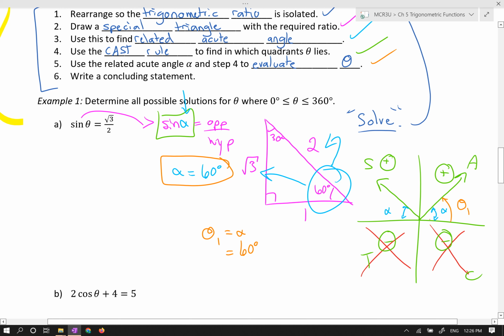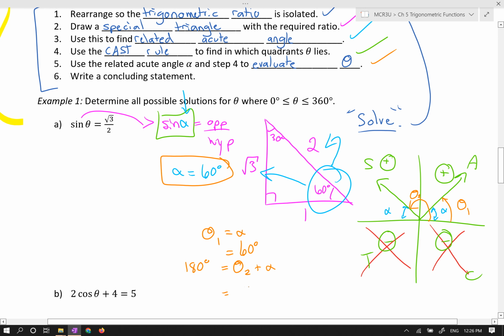But there's another terminal arm, so I need to head around here. This is theta 2. How can I find theta 2? Well, I need to come up with a statement. I know here that 180 degrees is going to be equal to my theta 2, if I go around the circle in a counterclockwise fashion, plus my related acute angle right in here. Good.